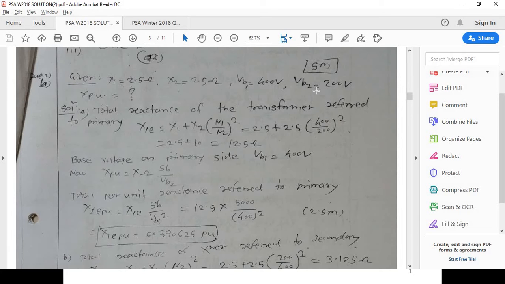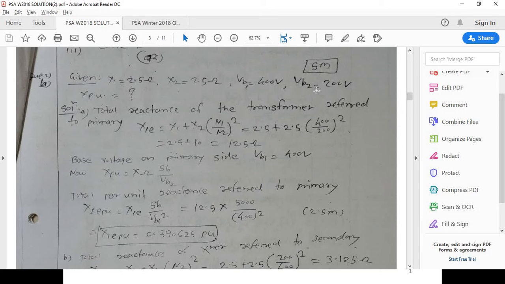And what is the formula? It is equal to X1 plus X2 into N1 by N2 bracket square, where X1 is the reactance on the primary side, X2 is the reactance on the secondary side, and N1 by N2 is the turn ratio, which is equal to the voltage ratio of the transformer, and we have to consider the square of that value.